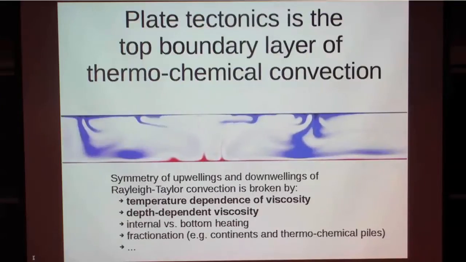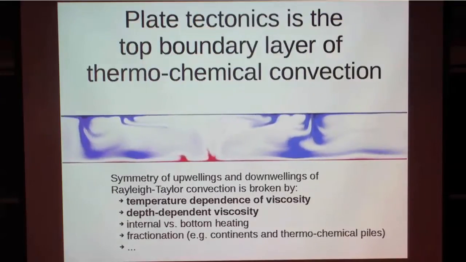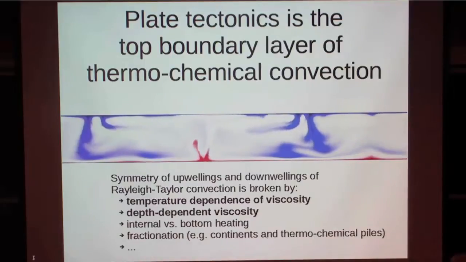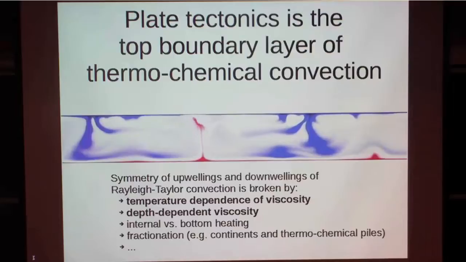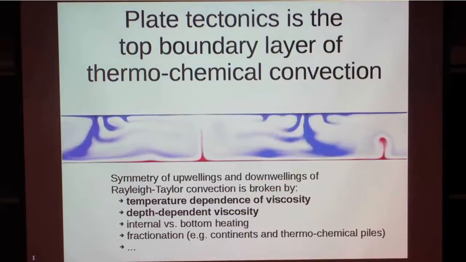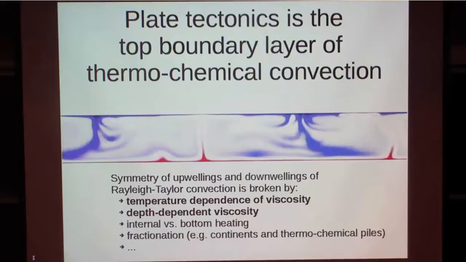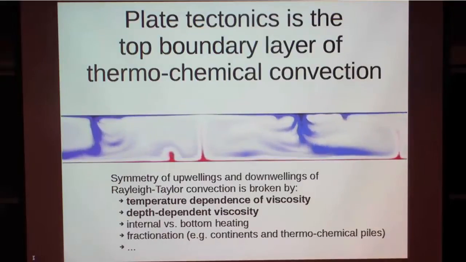Now, as Michael said in the first geodynamics lecture, the answer as to how does plate tectonics work is that, well, plate tectonics is simply the cold top surface boundary layer of a convecting mantle.